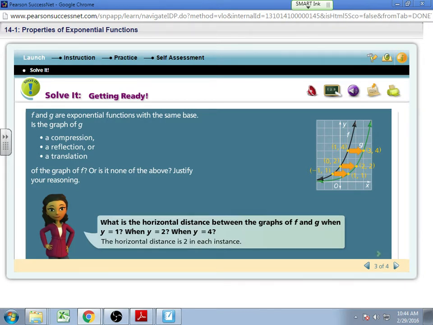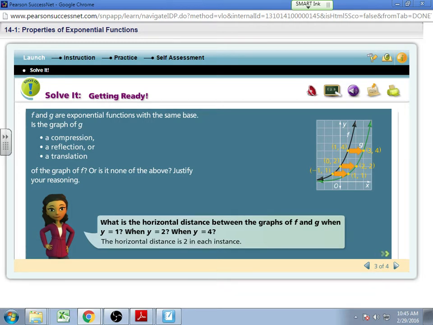Again at (1, 4), I move to the right 2, and I get (3, 4). I can keep doing this for any point on the graph and see that when my y's are equal, my x for graph G has just been added to the x value of f. So what we see is G is really a translation 2 to the right from the graph of f.